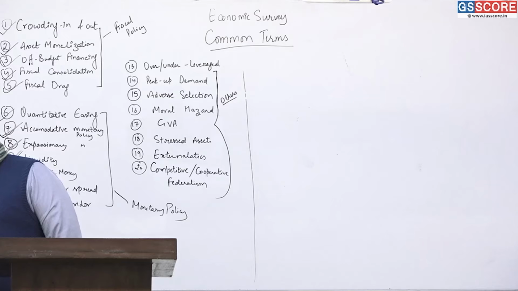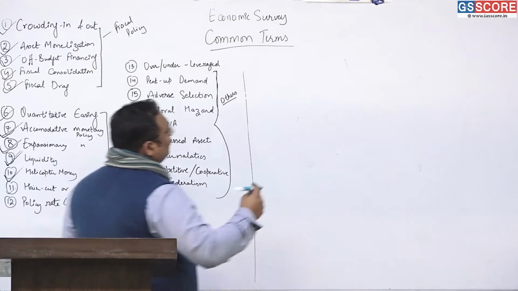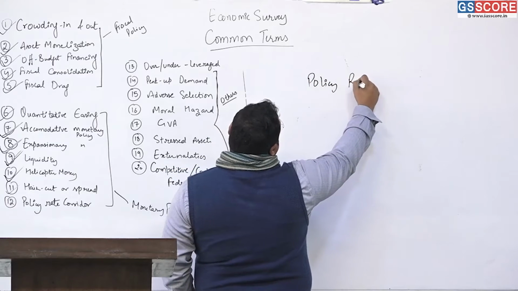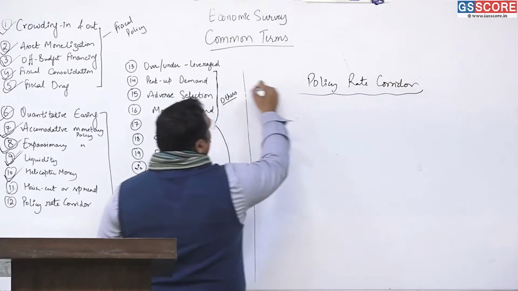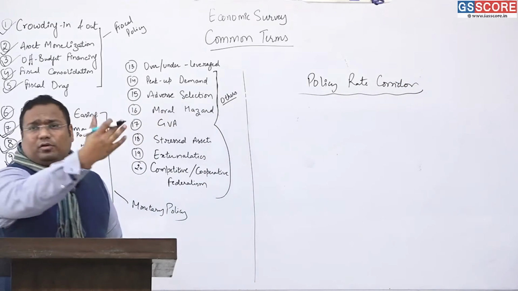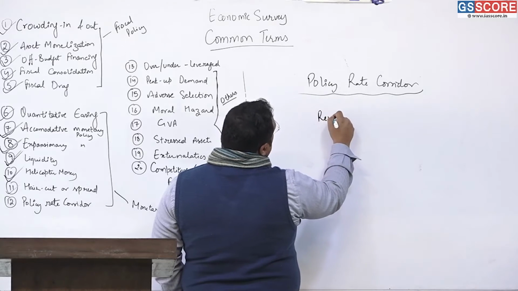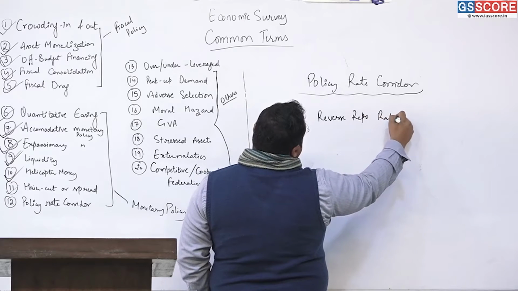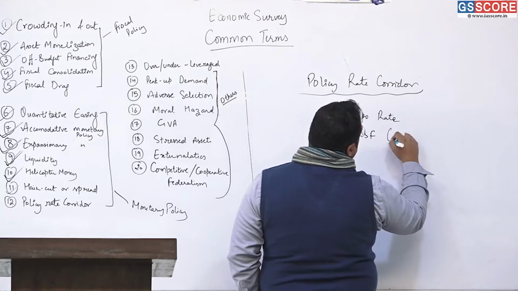Okay, so now let us look at the next term, and this is policy rate corridor. Again, a very small explanation for this. Policy rate corridor is basically the difference between the reverse repo rate and MSF, the marginal standing facility rate.